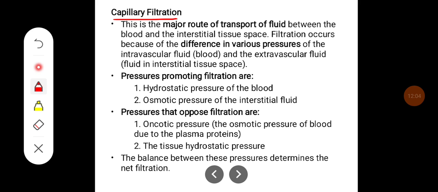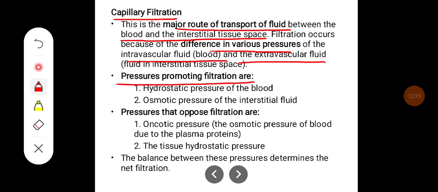Capillary filtration. This is the major route of transport of fluid between the blood and the interstitial tissue space. Filtration occurs because of the difference in various pressures of intravascular fluid and the extravascular fluid, that is, blood and the fluid in the interstitial tissue space.